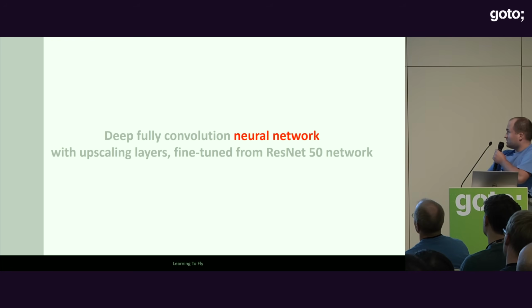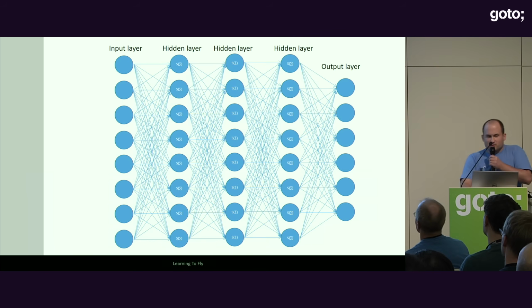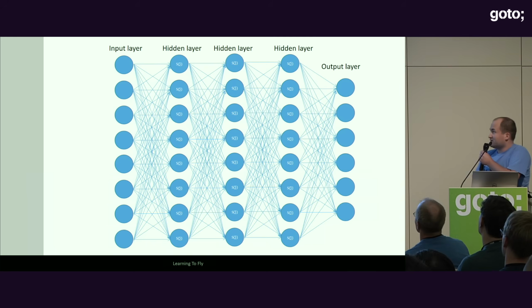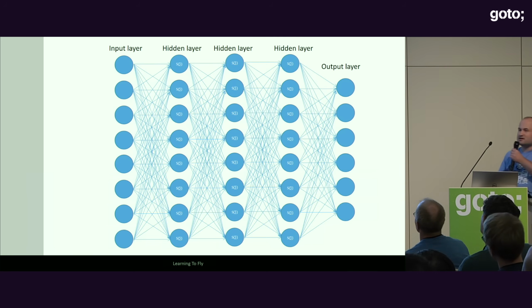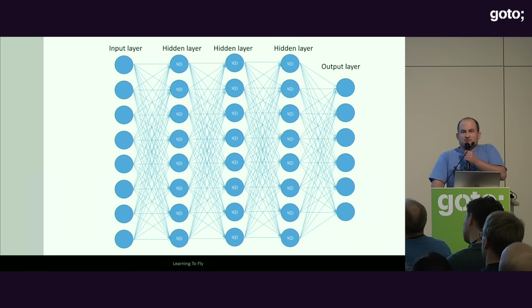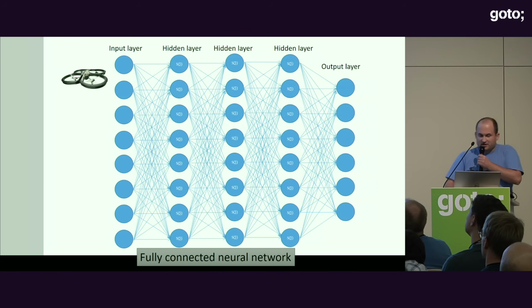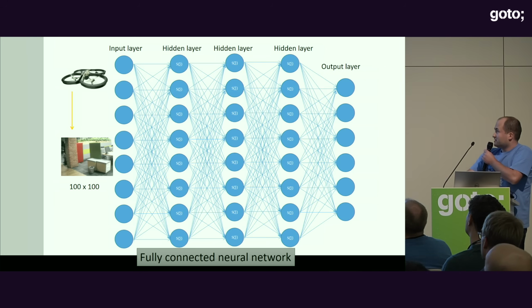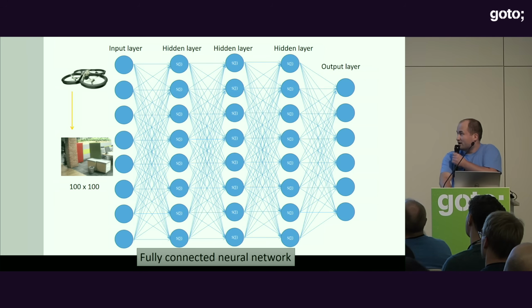So let's start with the neural network. Probably everyone has seen such a picture. It's a fully connected neural network where every neuron is connected to every neuron in the previous layer. There are connections that have weights, and weights are adjusted during the training process called backpropagation. So why can't we just use that network, feeding it with images captured by the drone camera?